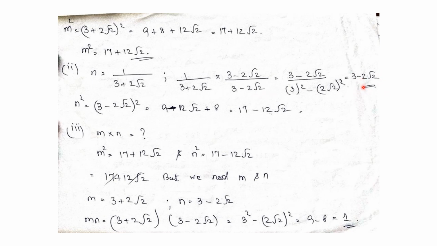So the answer we will get is 17 minus 12 root 2. Now we need to find out the mn. Already we know the value of m. We know the value of n. We just need to substitute. Then we'll get the answer. The answer is 1.